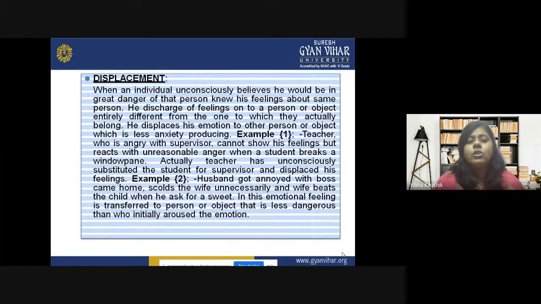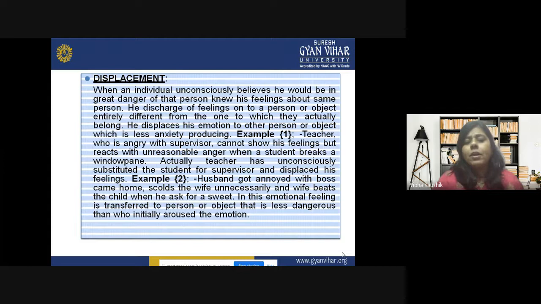Example one: a teacher who is angry with his supervisor cannot show his feeling to that supervisor, but reacts with unreasonable anger when a student breaks a window pane.